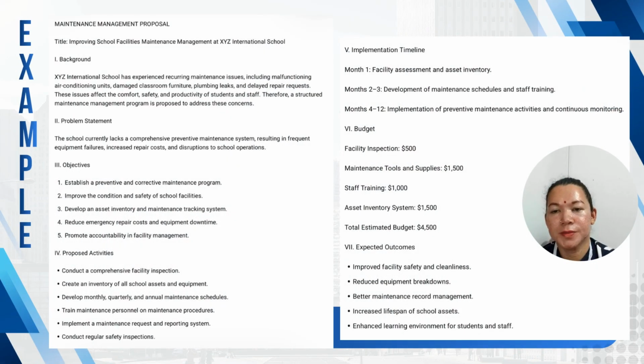So here's the example, maintenance management proposal. You have there the title, Improving School Facilities Management, Maintenance and Management at XYZ International. There's a background of school. XYZ International School has experience in recurring maintenance issues.